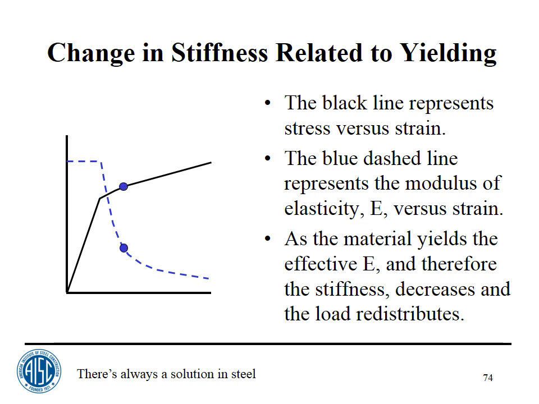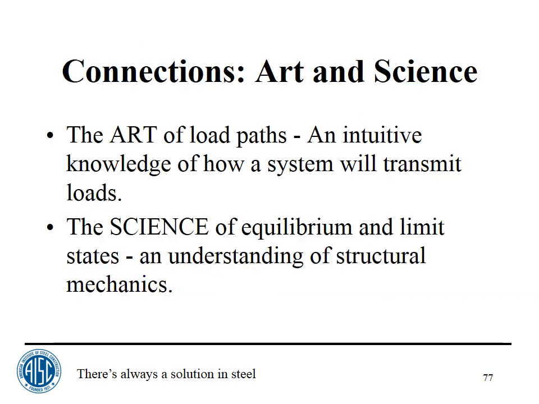When you go beyond that, the stiffness really degrades, and so does the strength. As the material yields, the effective E, and therefore the stiffness, decreases, and the load redistributes. Now, we're assuming that there's some place for it to redistribute to. If you have a structure that's non-redundant, you're going to end up with a failure because there's no place for it to go. But most structures are redundant, and so this whole idea of ductility and the lower bound theorem works.